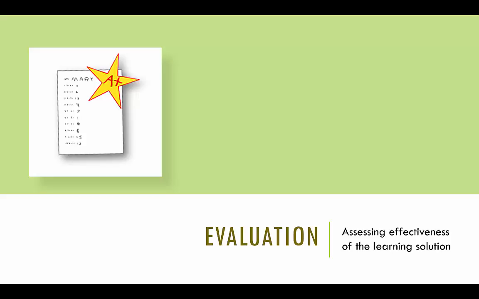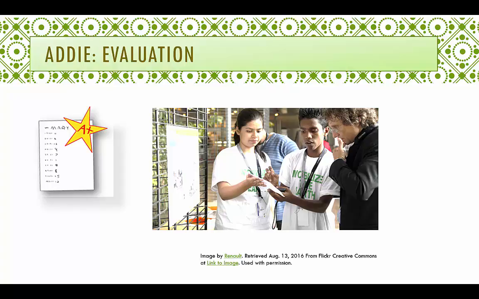The fifth or last phase of the ADDIE process is the evaluation phase. In the evaluation phase, we assess the effectiveness of the learning solution. Did the lesson work? Did the students achieve the performance objectives outlined in the design phase? If the learning solution is only partially successful, what worked, what didn't, and why?